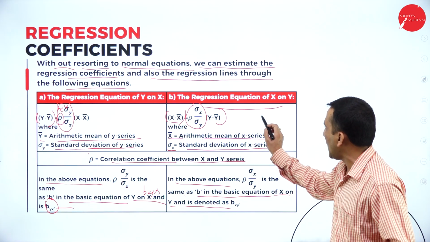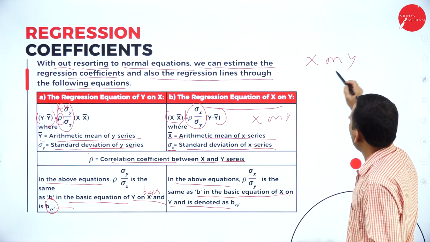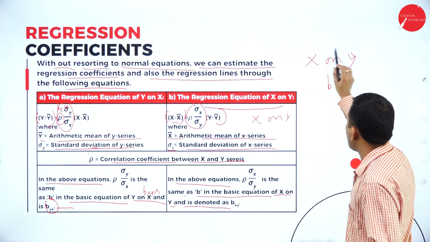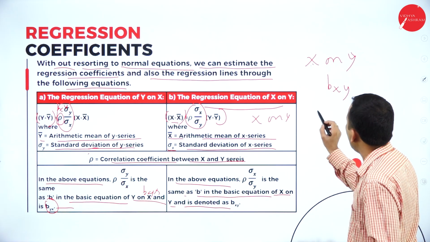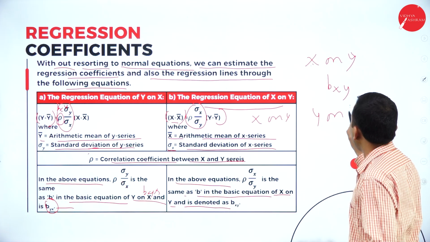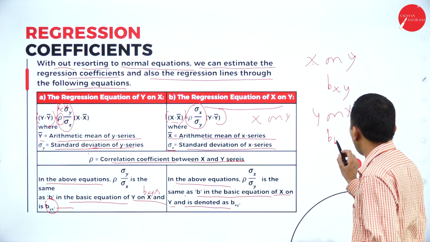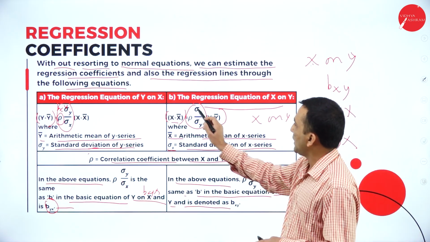Whatever they are asking, x on y, x depends on y. Now b is common, so for x on y you write bxy. For y on x, first you write b, then y and x. This is very simple to calculate. The formula is very clear.